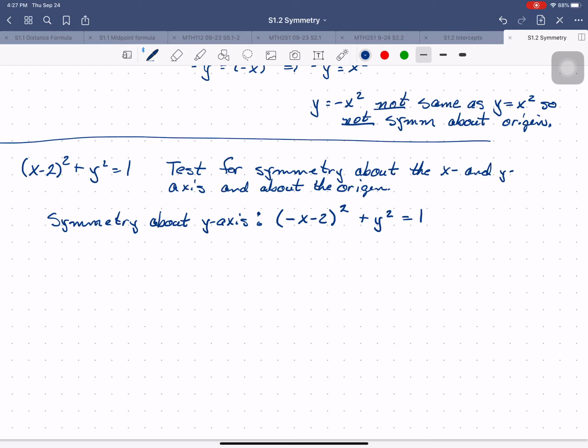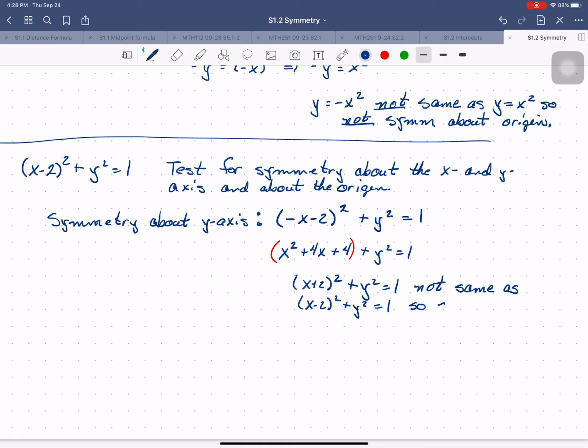If I square this first binomial out, what I get is x squared plus 4x plus 4 plus y squared equals 1. Okay, now looking at just these x's, I know that that factors as x plus 2 squared plus y squared equals 1. That is not the same as my original x minus 2 squared plus y squared equals 1.